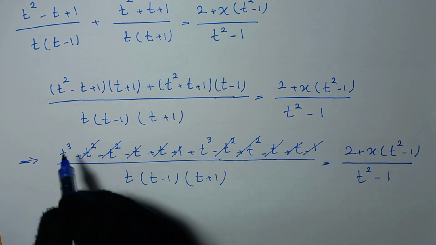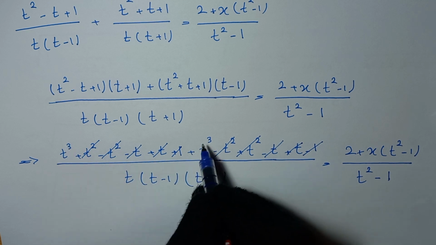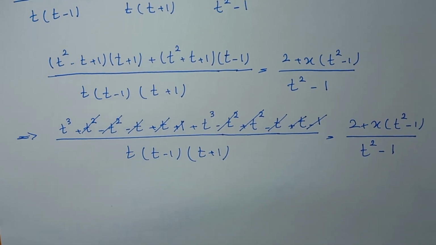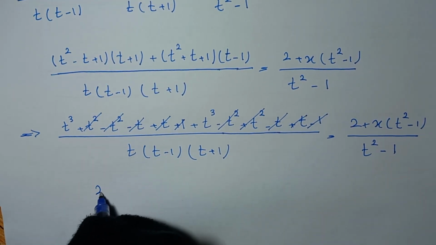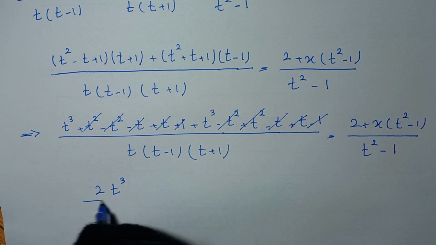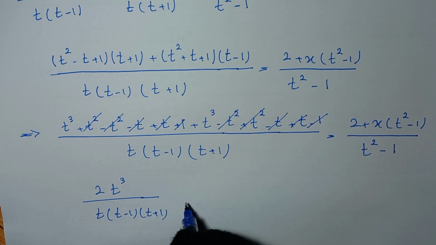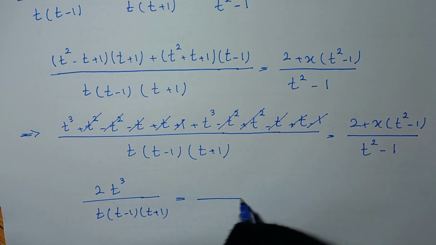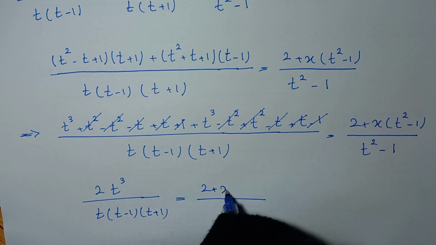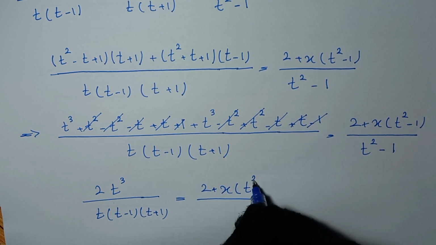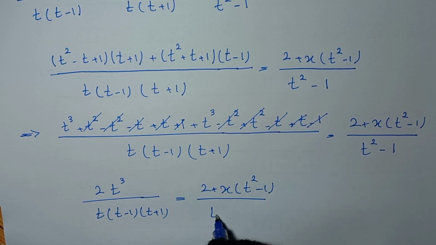So in here we have t cubed plus t cubed, it will be 2t cubed, right? So we're writing here 2t cubed over t times t minus 1 times t plus 1 is equal to this, 2 plus x times t squared minus 1 over t squared minus 1.